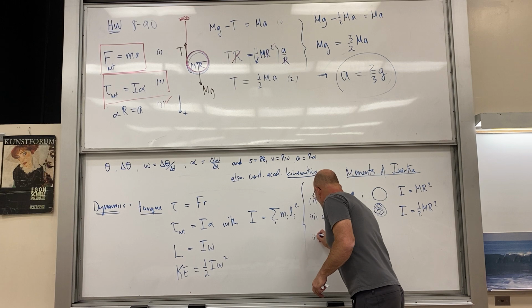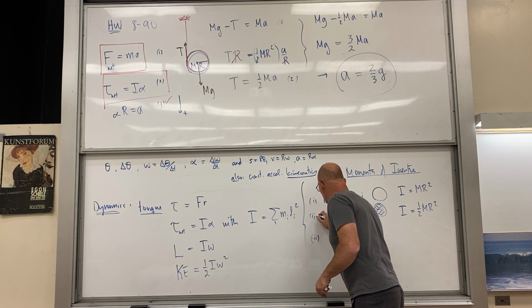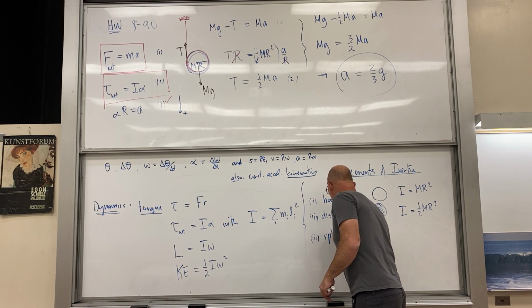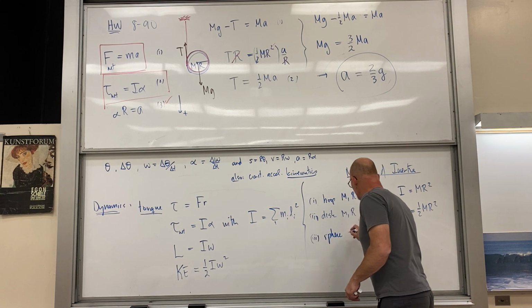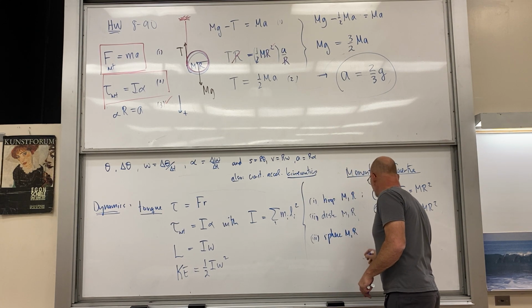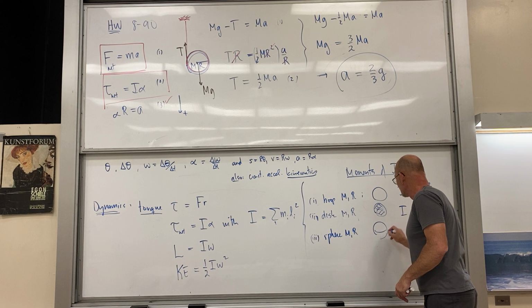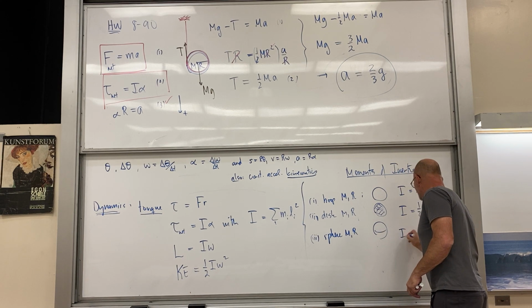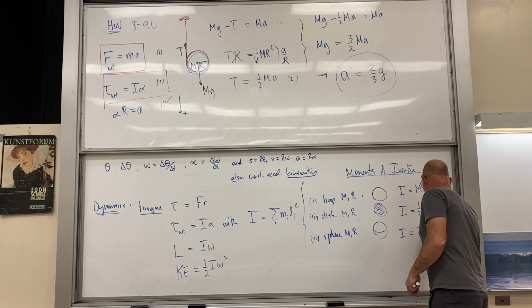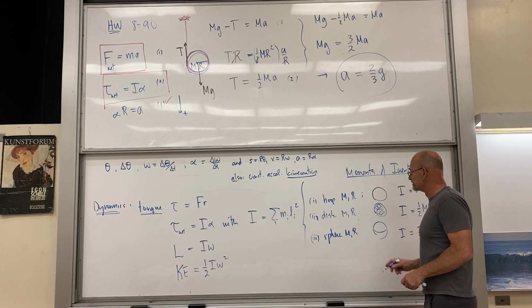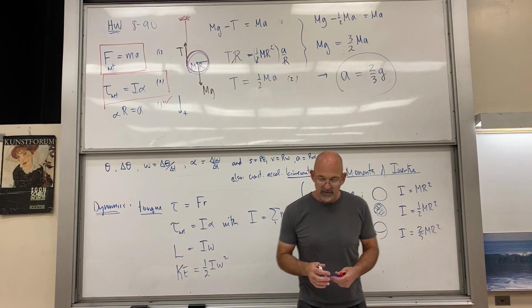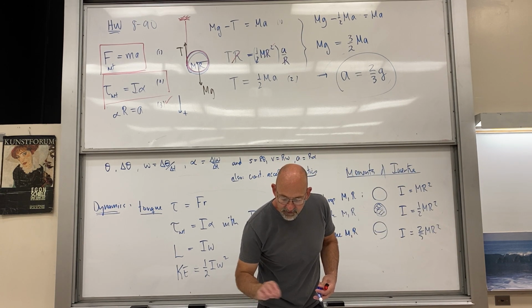And then the sphere, mass m and radius r. So I'll just draw it like that. 2/5 mr squared. Now, I was looking in the text, they gave us a hollow sphere, interesting as well.